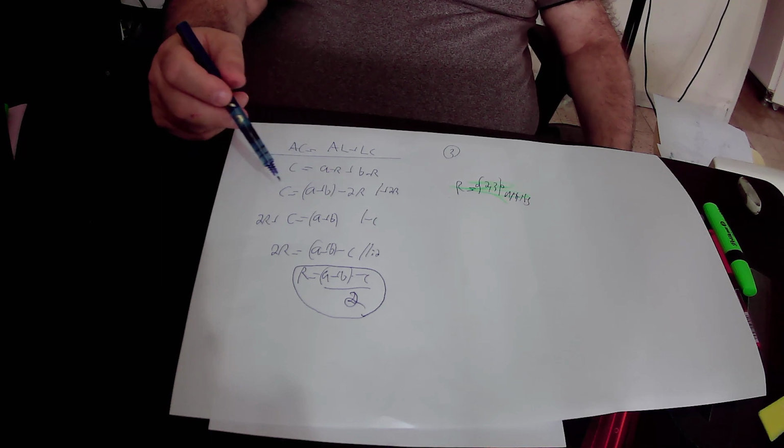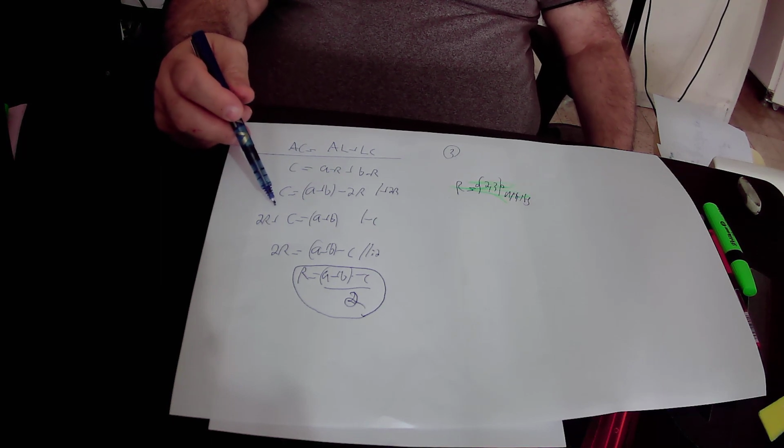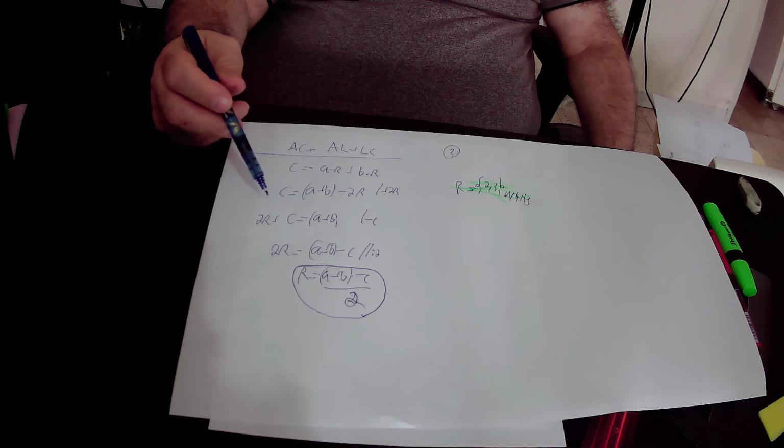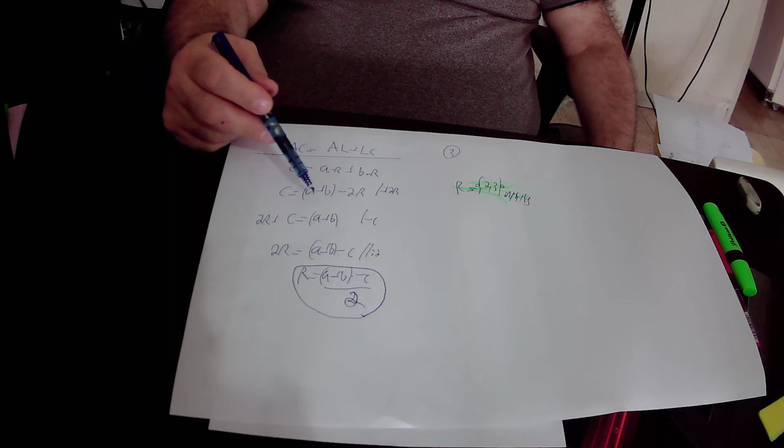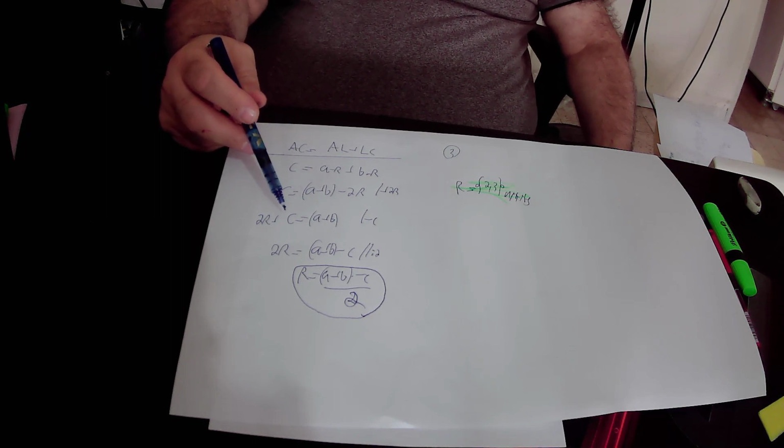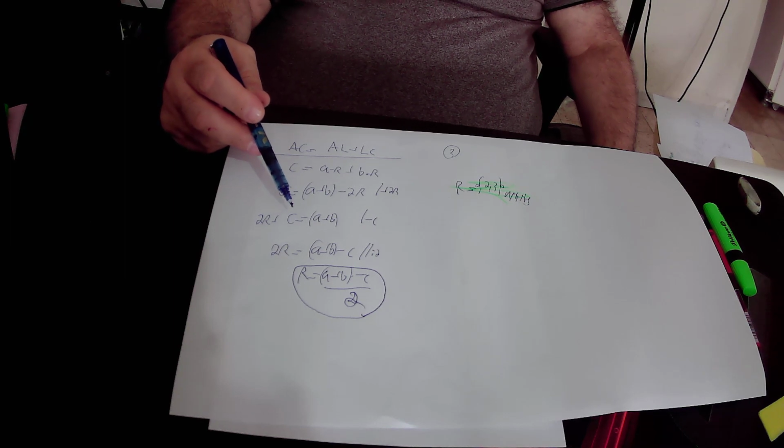We added 2R to this equation and found out that 2R plus C equals A plus B. We subtracted C from this equation and found out that 2R equals A plus B minus C.